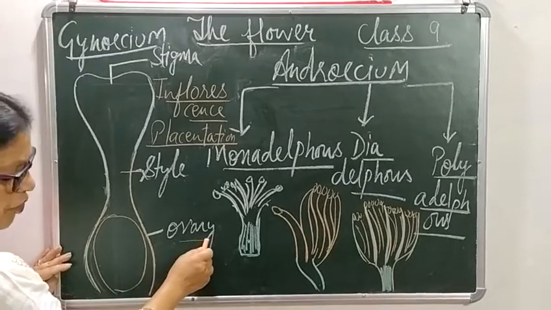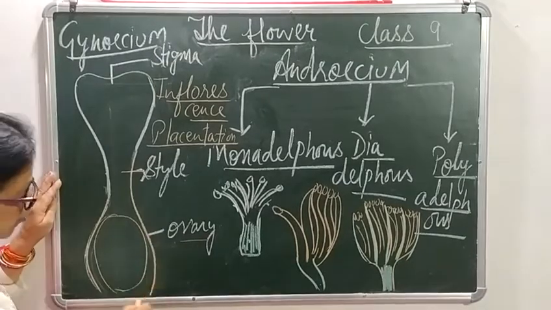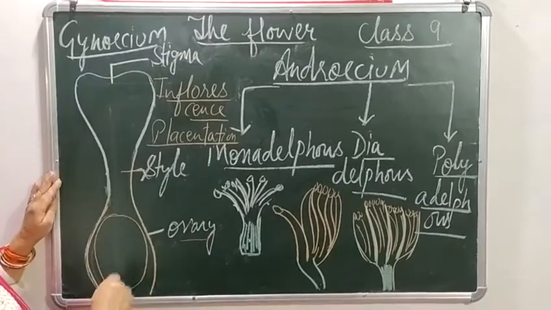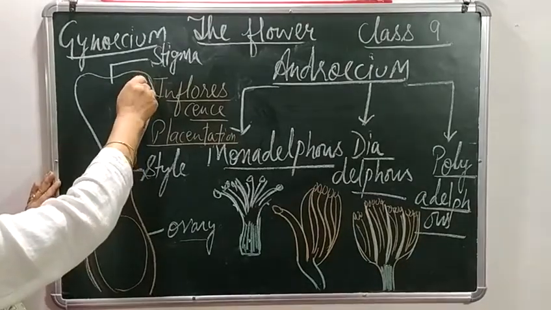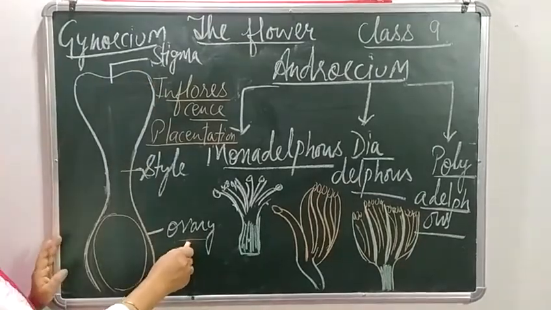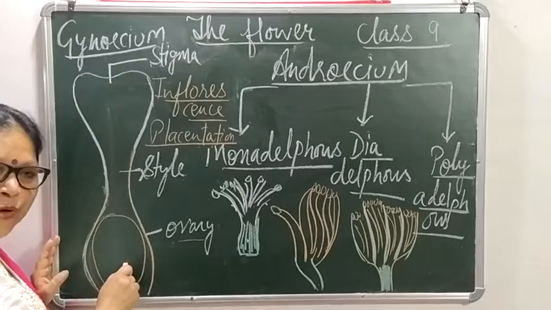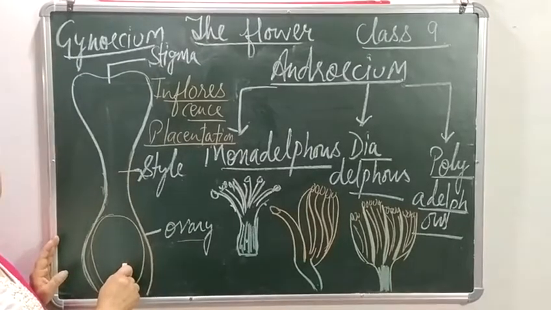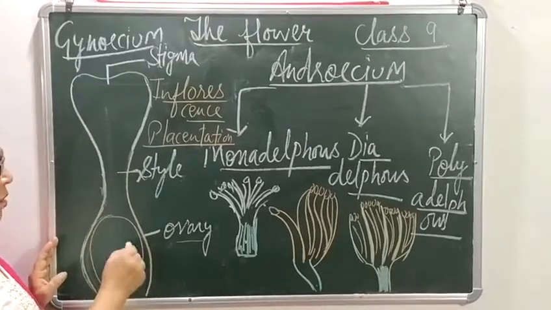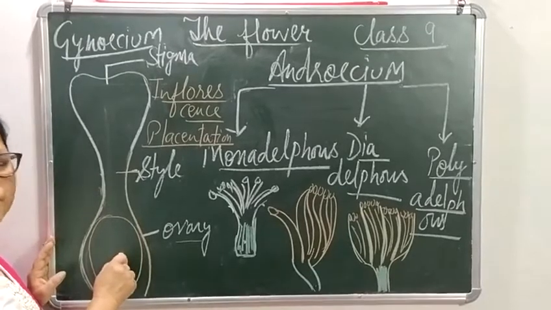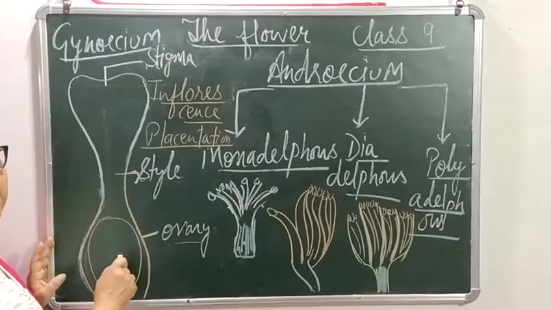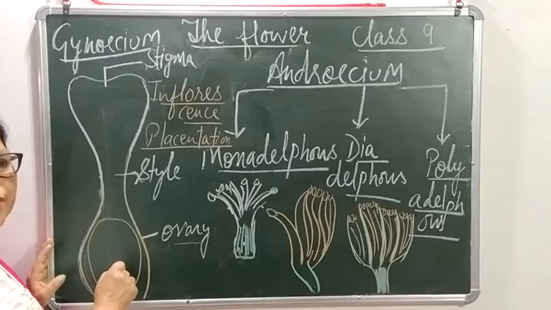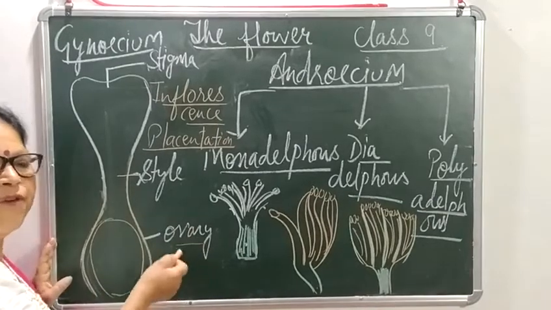Third part is ovary, and this ovary is the swollen base of pistil. This ovary contains one ovule or may contain many ovules. Each ovule contains a female gamete, and ovules develop into seeds after fertilization.